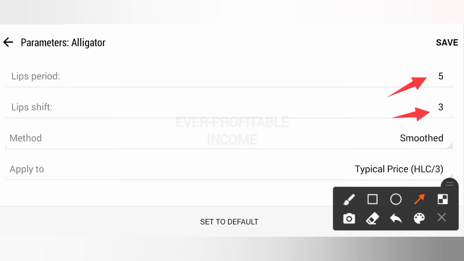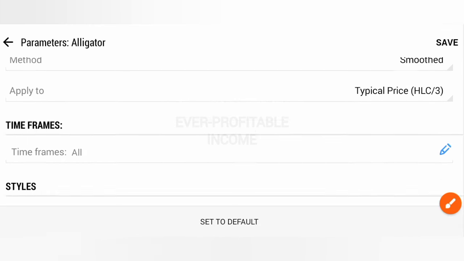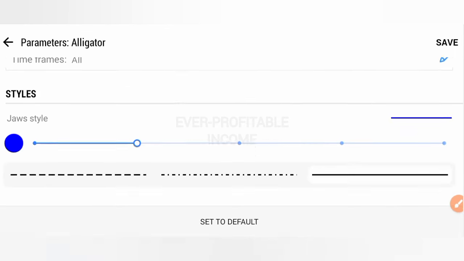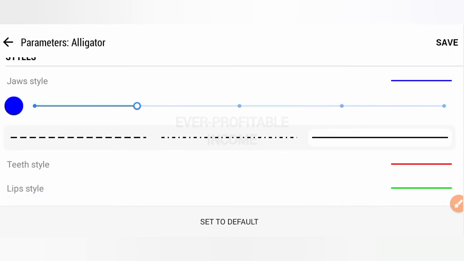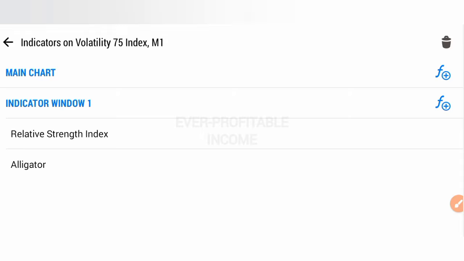Then we have the method as smoothed, applied to typical price. Then here you have your colors. Just leave them at the default colors so you can differentiate them. You can also customize them if you want to, but I prefer to leave mine with the default setting. Then you click on save.